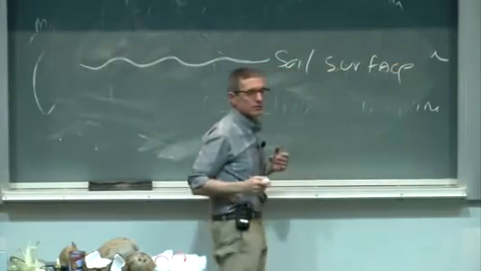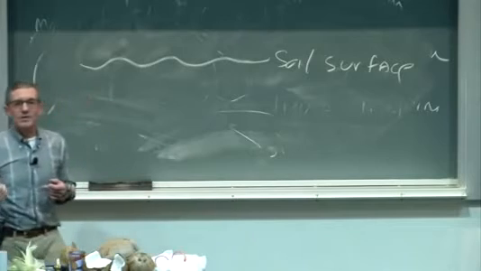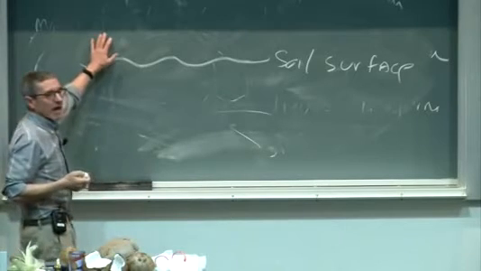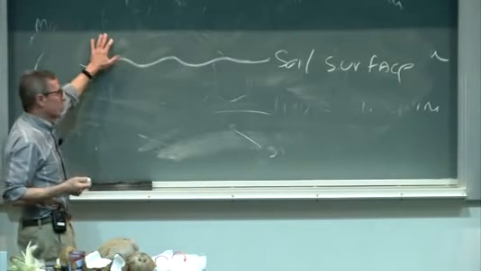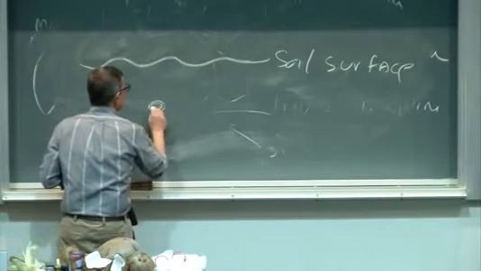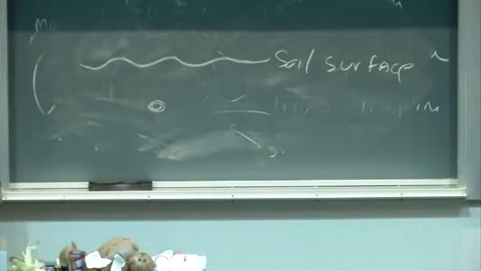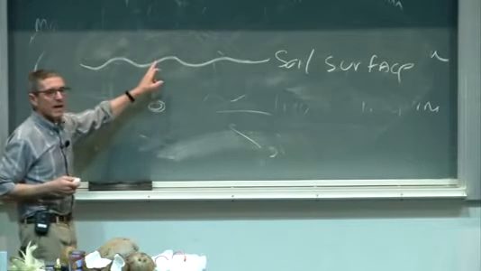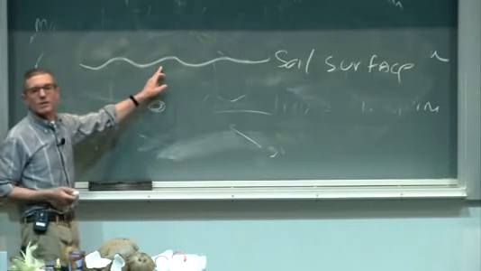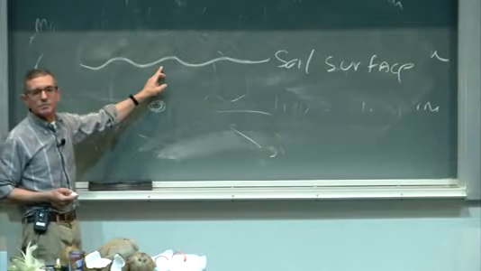And at the soil surface, we have light, and we have fresh air, and maybe the seed finds itself located somewhere deep in the soil. This seed has got to make it up to the top of the soil in order to begin to photosynthesize.